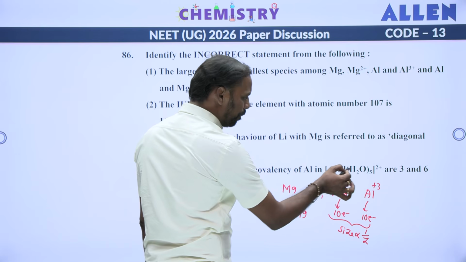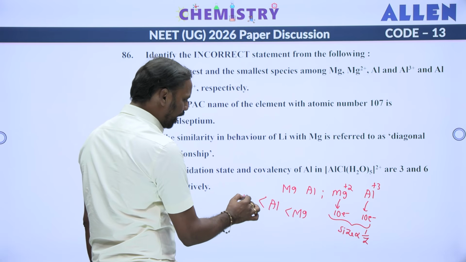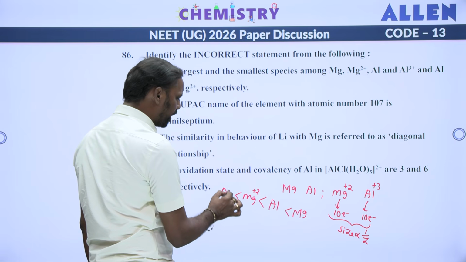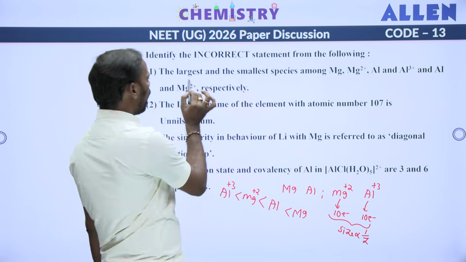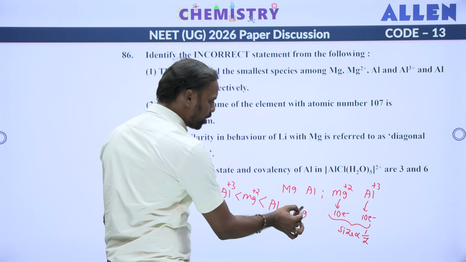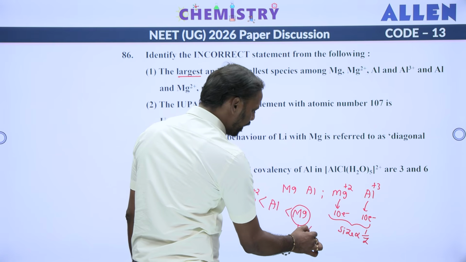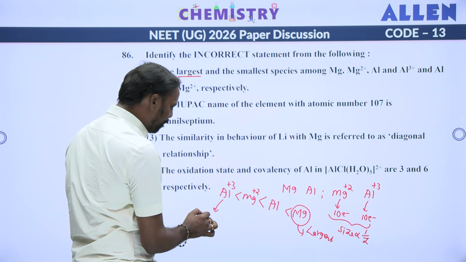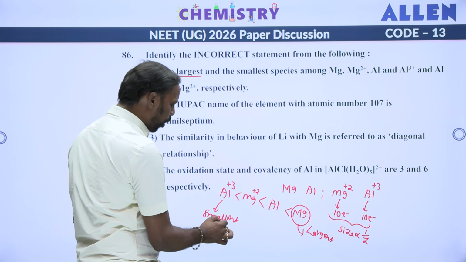Mg atomic number is 12, but aluminum atomic number is 13. So Mg plus 2 will be greater in size compared to Al plus 3. Now overall, the largest size is Mg, correct? So Mg is the largest size, whereas Al plus 3 is the smallest size.